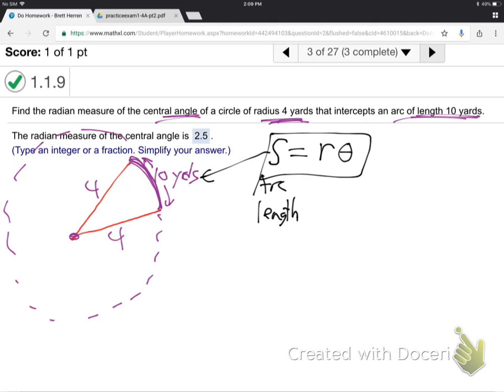So S equals R theta. I write that right on my 3x5 card for Monday's test. That's the arc length formula. Anytime you see the words arc of length, you'll think S equals R theta. I'm going to use S equals R theta every time. So here we go. S equals R theta. Going to use that. What's the R?